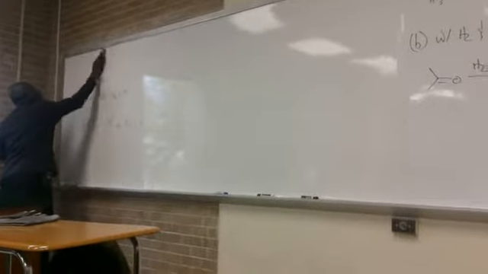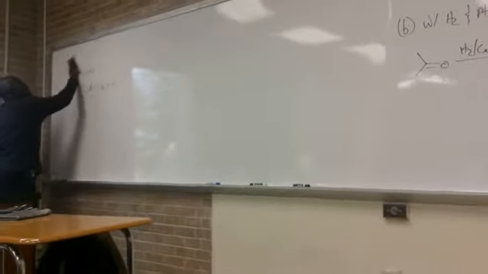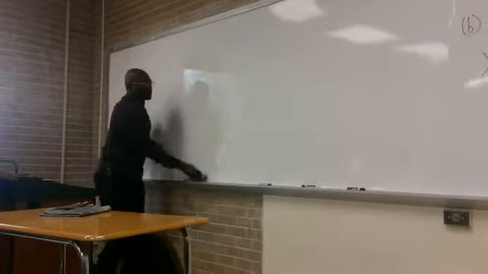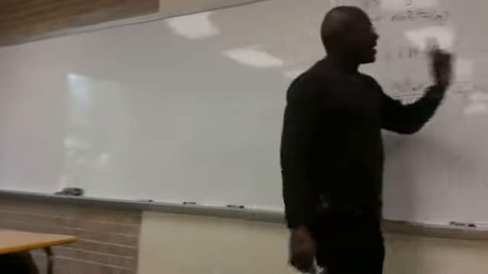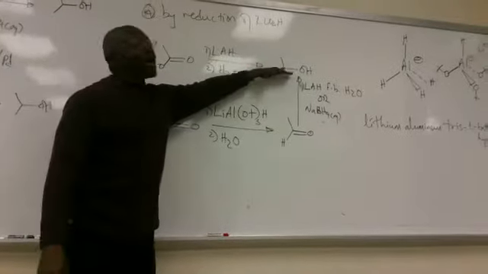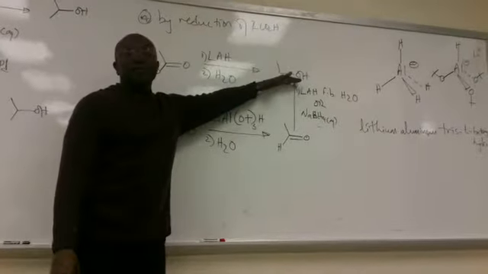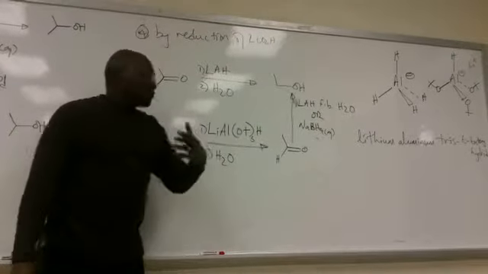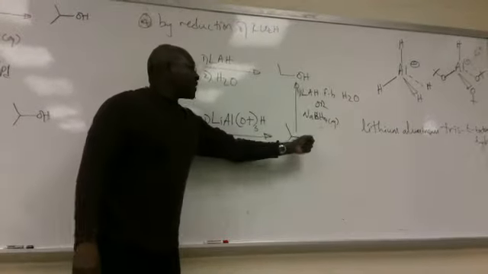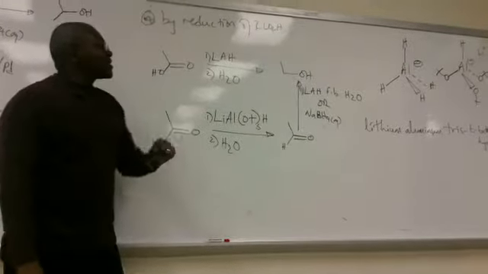So question one is, why on earth would I use the second pathway if lithium aluminum hydride could get me there in one step? If I have a carboxylic acid and my intent is to make the alcohol, I can just use LAH followed by water and I'm into the alcohol. What is the value of converting the acid to the aldehyde and then the aldehyde to the alcohol? And the answer is labeling.